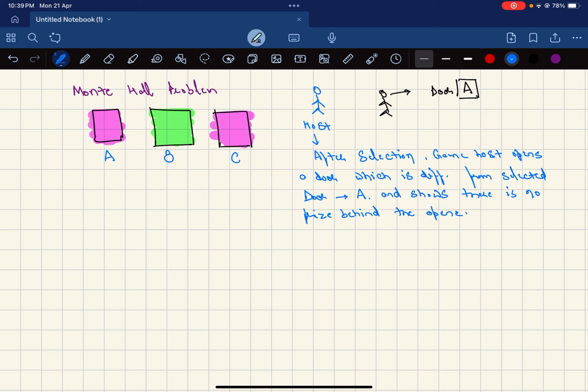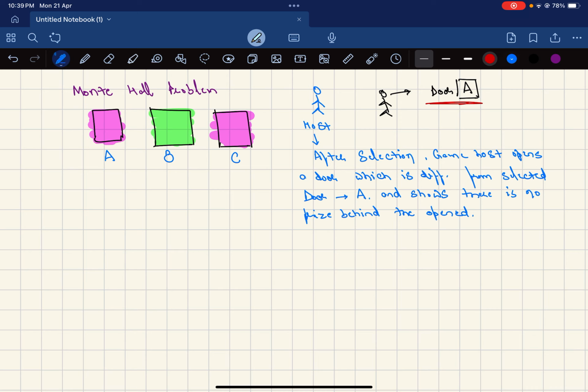So once this particular contestant has selected the door, any random door basically, the contestant can select. In this case he selects door A. The host opens another door which is not the one selected by the contestant and shows that there is no prize behind that door.